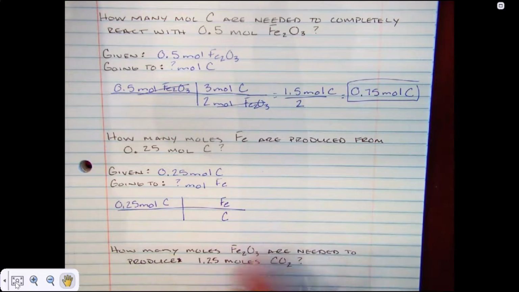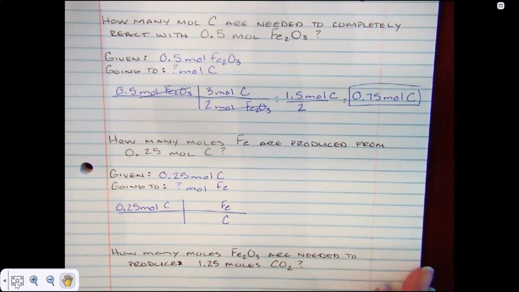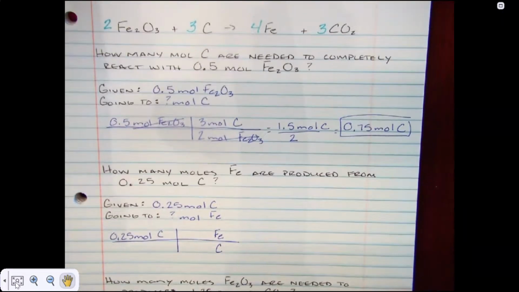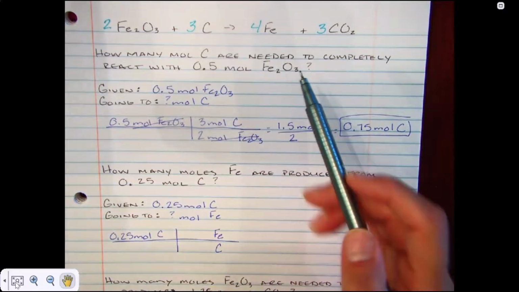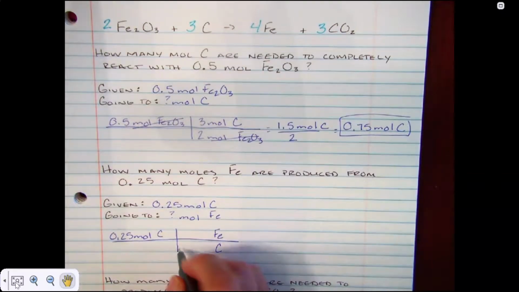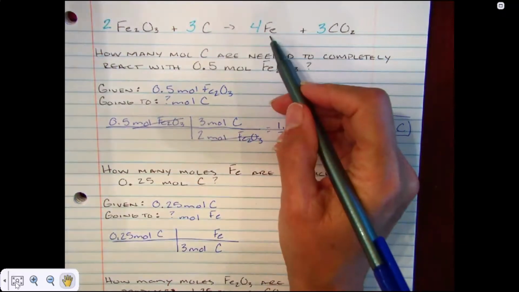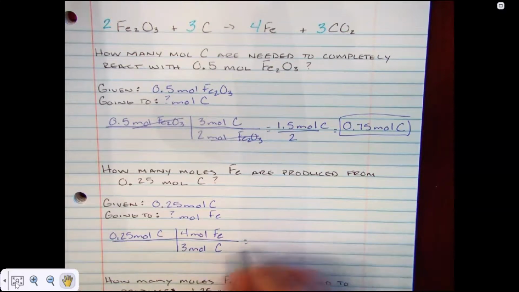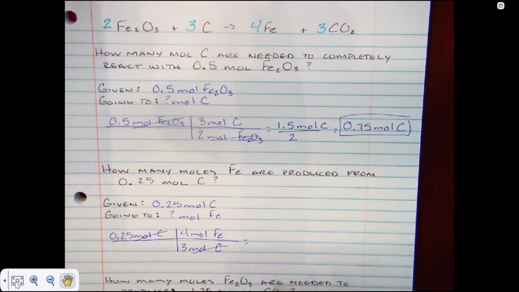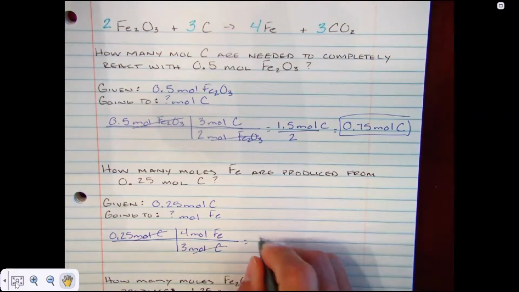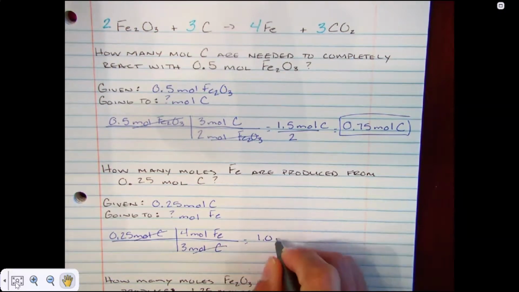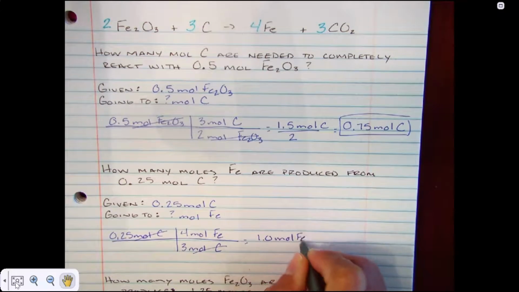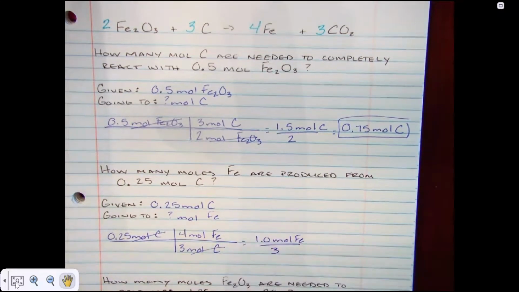We're going to go back to that balanced equation that we used before. Pull this back down again. So our carbon has 3 in front of it, so that's 3 mole. And Fe has a 4 in front of it, so that's 4 mole. Equals, moles carbon are going to cancel. 0.25 times 4 is 1.0 mole Fe divided by 3.